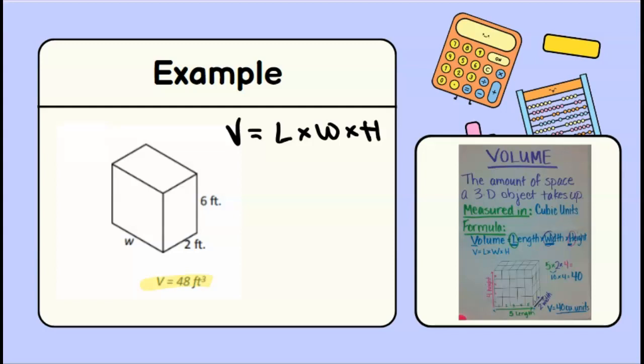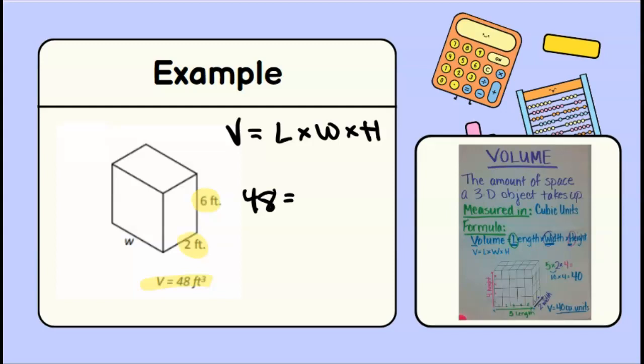So I'm going to plug in 48 where the V is, put my equal sign, and then I am going to look at my other measurements. I can see the height is 6 feet, and the length is 2 feet, but I need to find the width.